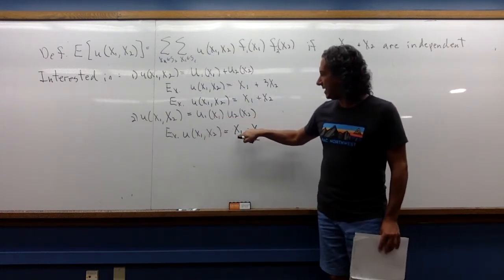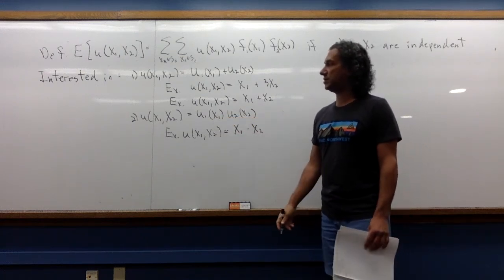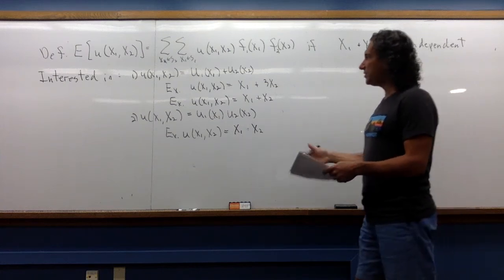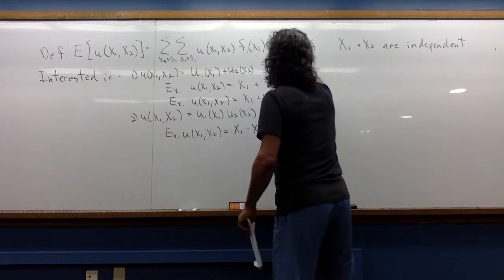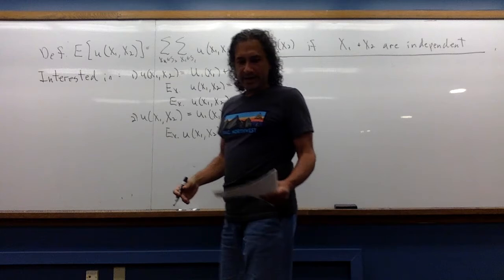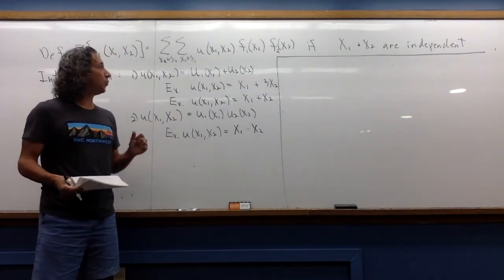So this guy here is just a function of x1, and this guy here is just a function of x2. Okay, so each of these simplifies very nicely, so that they're actually super tenable to work with.